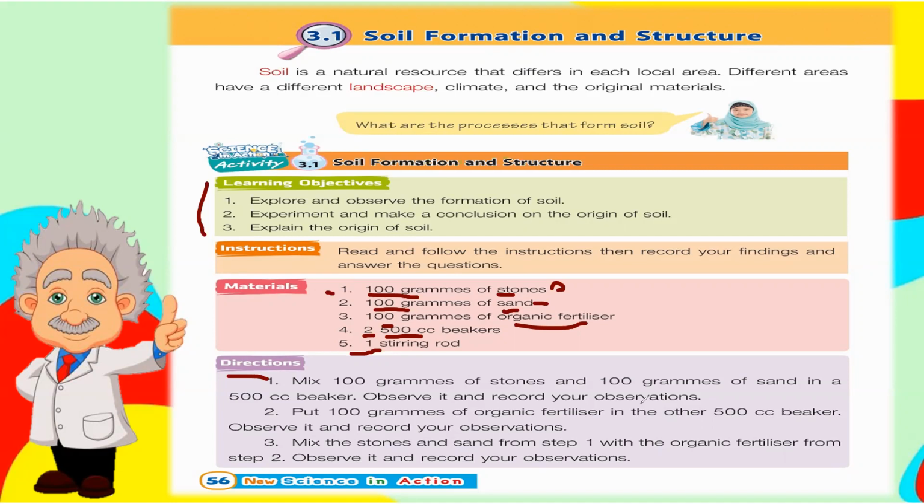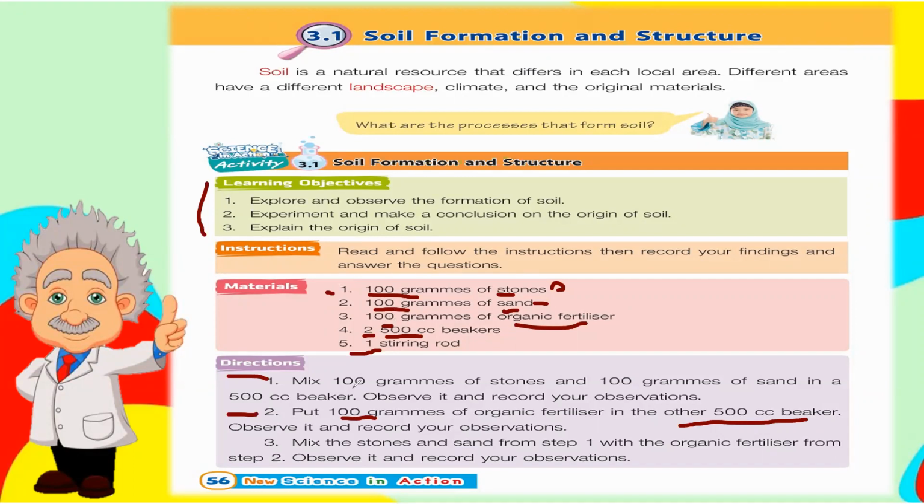What do we observe? Number two, what we are going to do, we are going to take 100 grams of organic fertilizer. We already have organic fertilizer, right students? So we are going to put 100 grams of organic fertilizer into the other 500 cc beaker. We have two of them already.